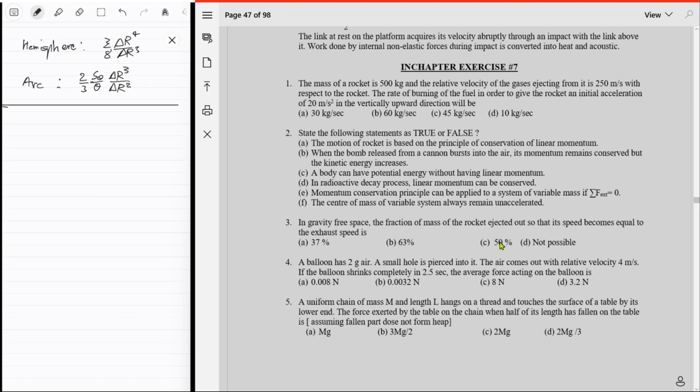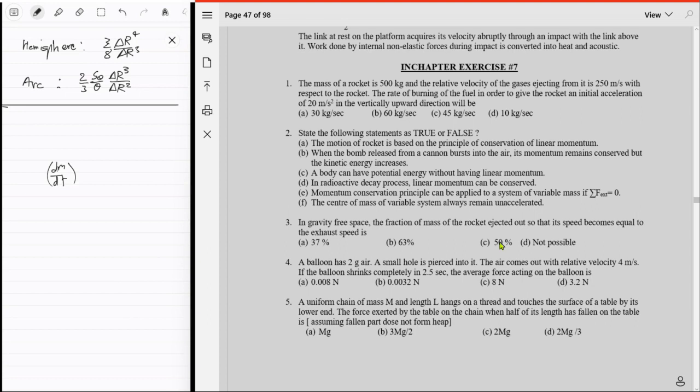So how much is the rate of momentum on the rocket? Every dt time, dm mass leaks out of the rocket, so dm upon dt, and that times the velocity at which it is leaking out. Not that, definitely not that.